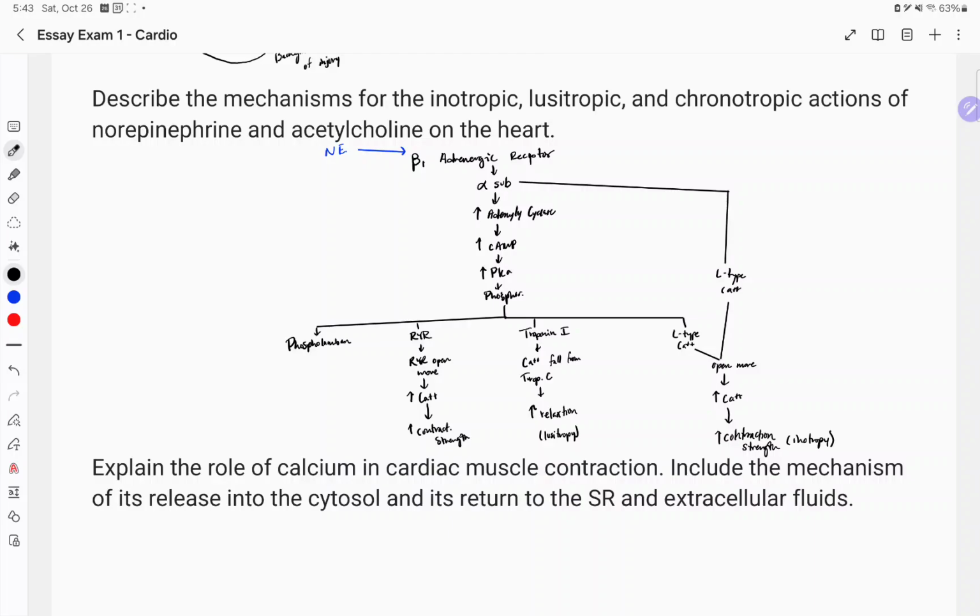Same effect with phospholamban being phosphorylated. That's going to increase SERCA pumping calcium back into the cell, which means we have more calcium going into the sarcoplasmic reticulum and out of the sarcoplasm, which is going to increase relaxation because we don't have the calcium out there to cause contraction.